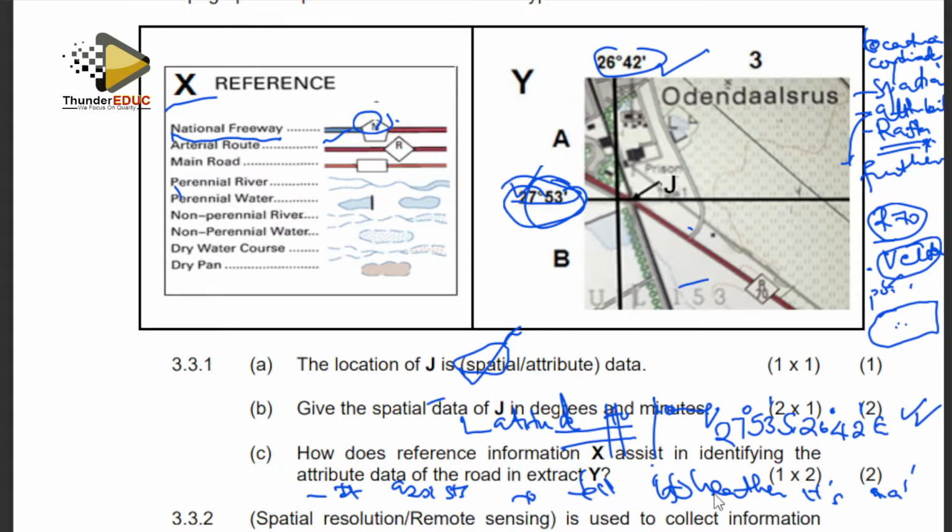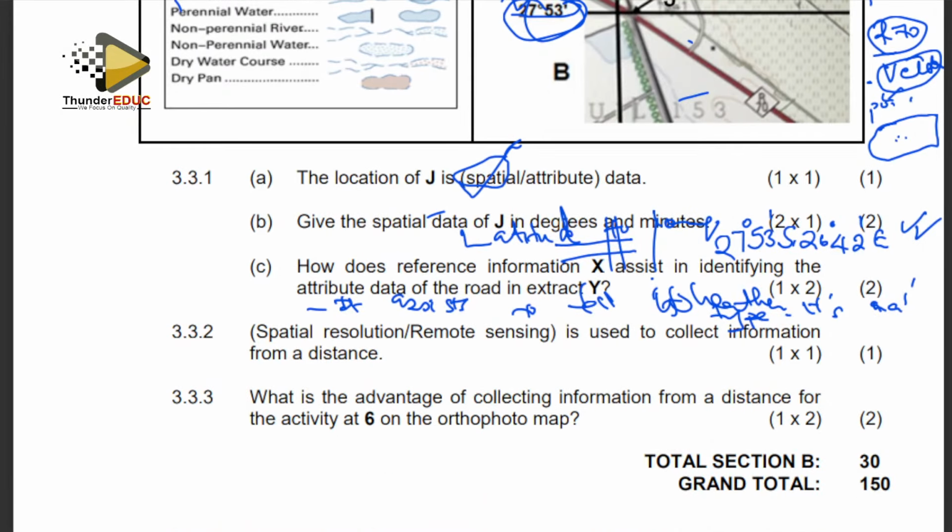In other words, it assists to tell which type of road it is. That's all. Is it a national road? Is it a main road? Is it an arterial road? Like that. So you can only tell the type of the road by looking at the key to identify that this road that looks like this, that has this color, is this kind of a road. Okay, it's this kind of a road. All right. We go on.